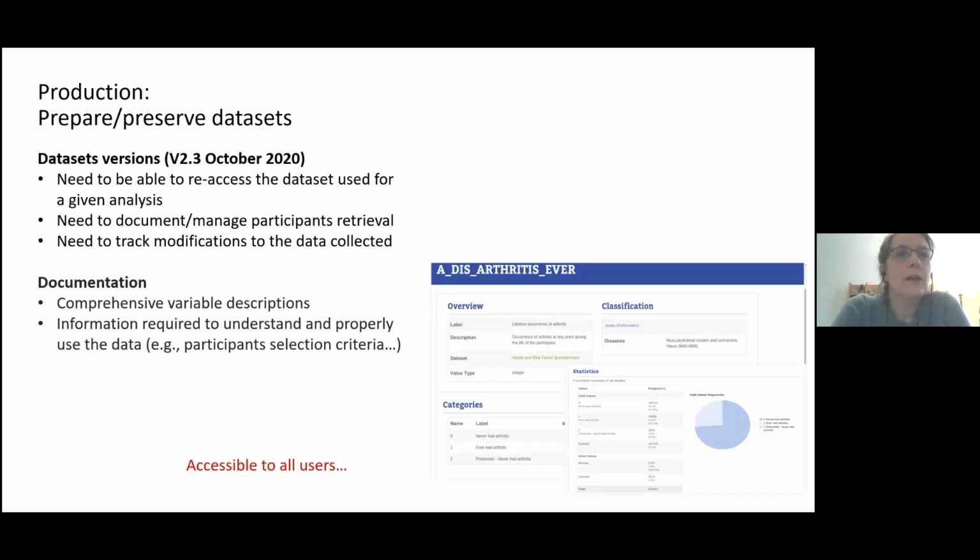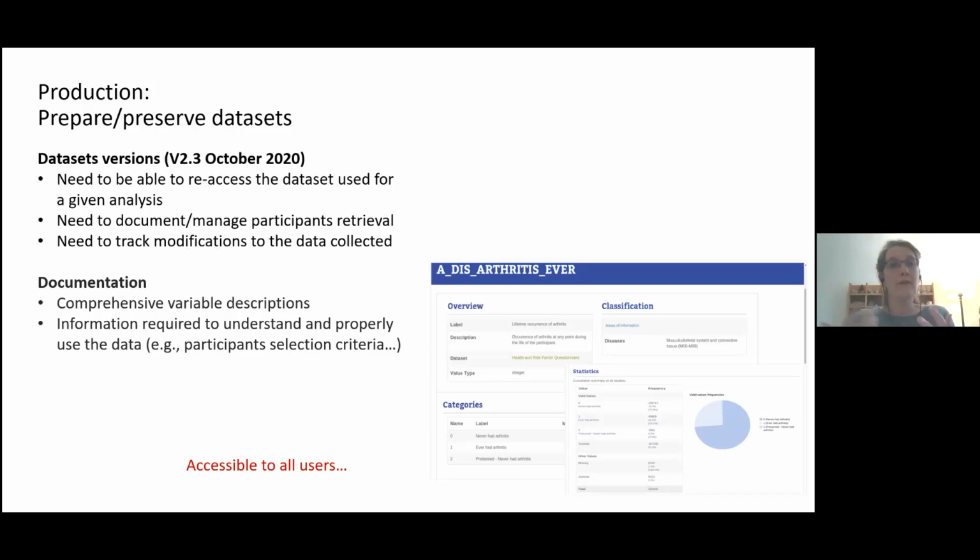Finally, production is the preparation and the preservation of the data set. You often need to be able to go back and reaccess the data set that you used to generate your papers. So you need to have different versions of the data set because, let's say, you have the version at day 1, but you have participants who withdraw that you will need to manage.